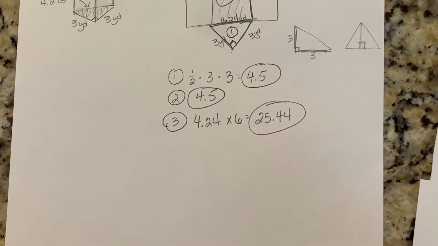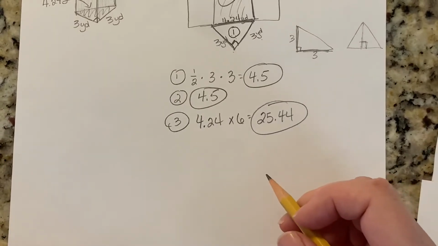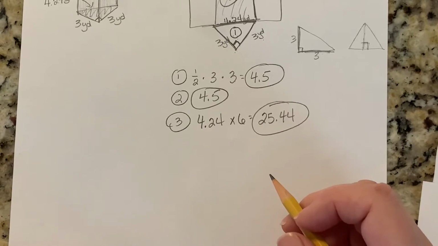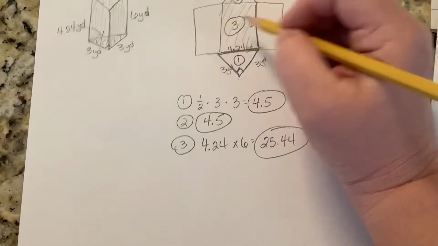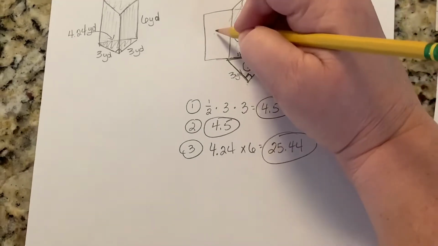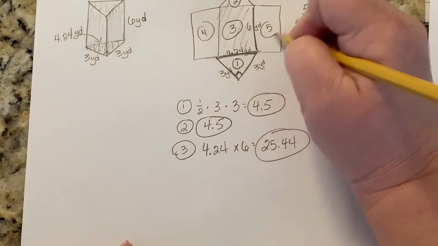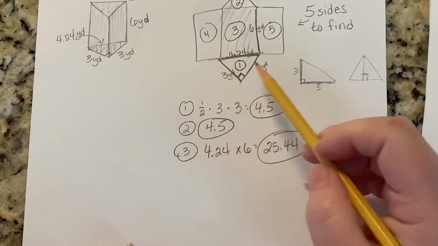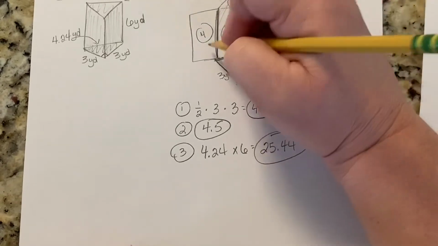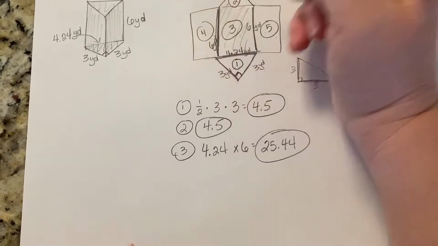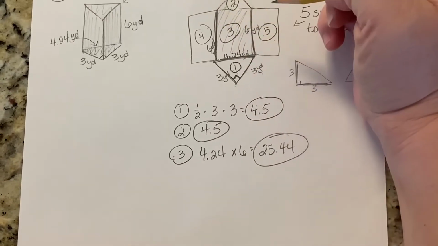Okay, so I accidentally turned off the video, but such is learning how to video yourself and trying not to move the camera at the same time. All right, so we're gonna go for these other 2 rectangles now. These are side number 4 and side number 5. So the last 2. And we're going to figure out that this is also 6 yards because this is 6 yards. And we know opposite sides have the same length.